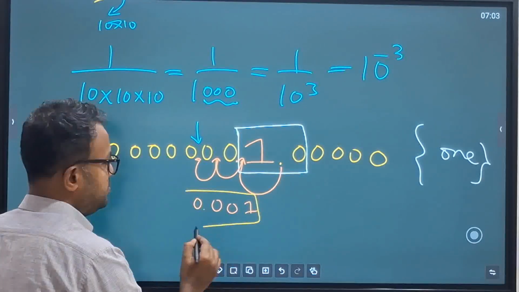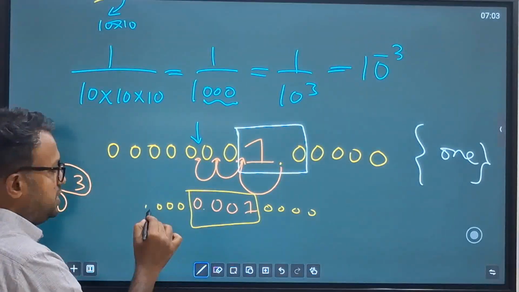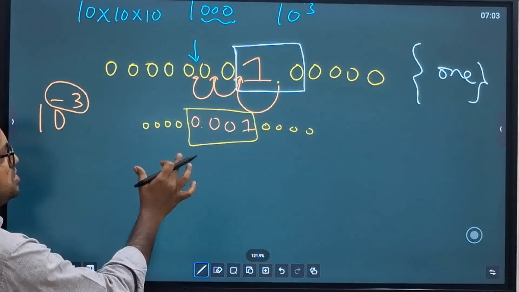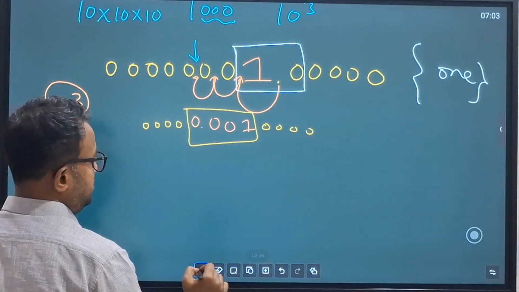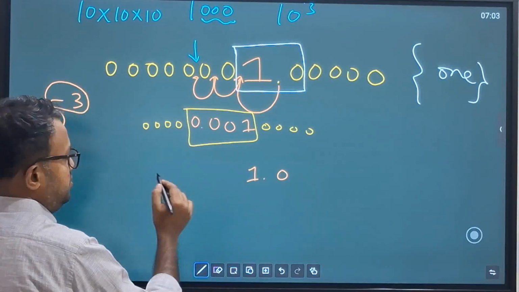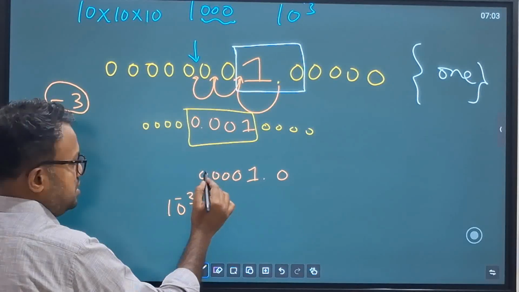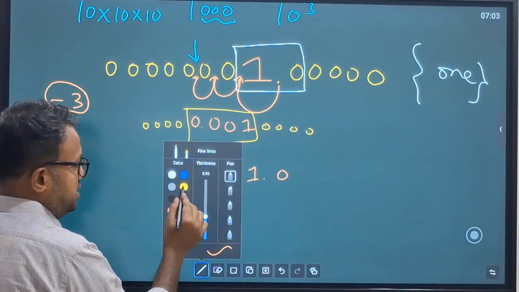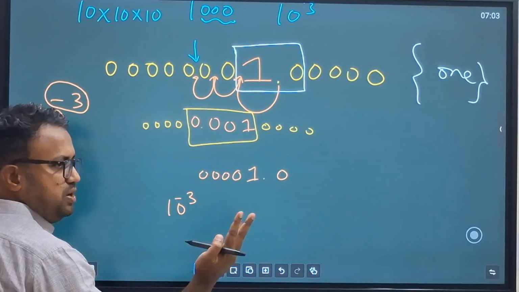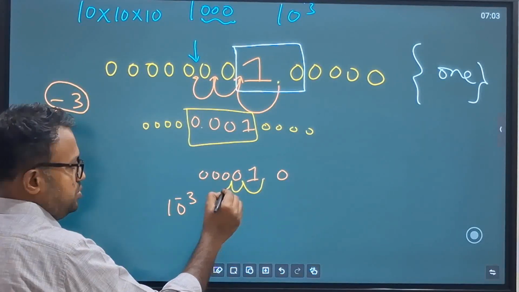This is the number. If you want, you can add any number of zeros. So what I just told is that if you have a number, say 1.0, and you want to write 10 power minus 3, you write some zeros and then shift the point backwards 3 times: 1, 2, 3.